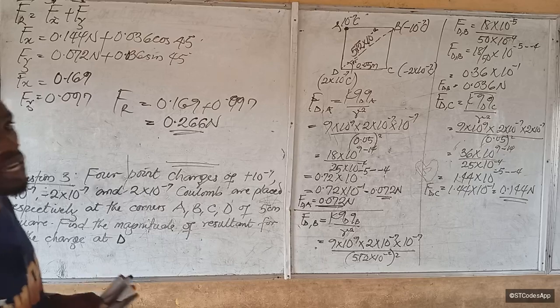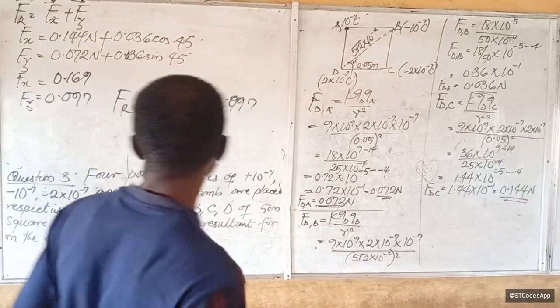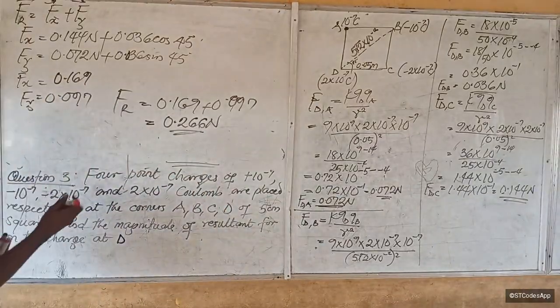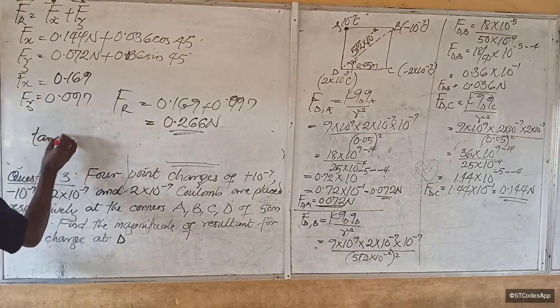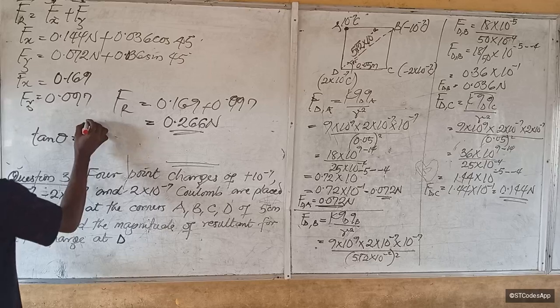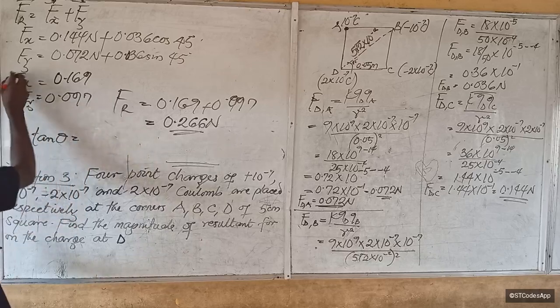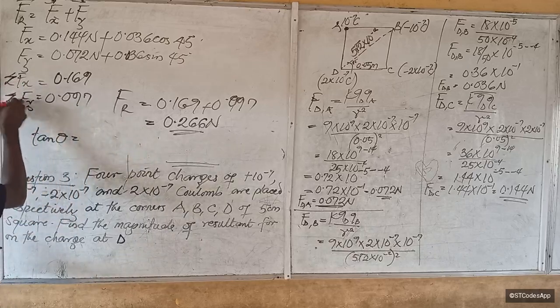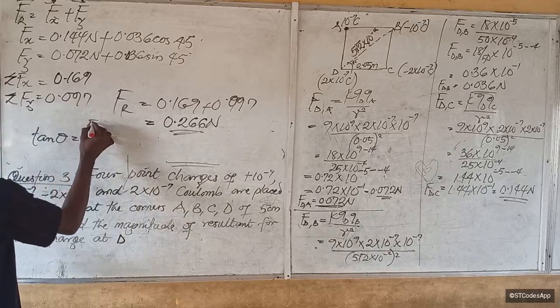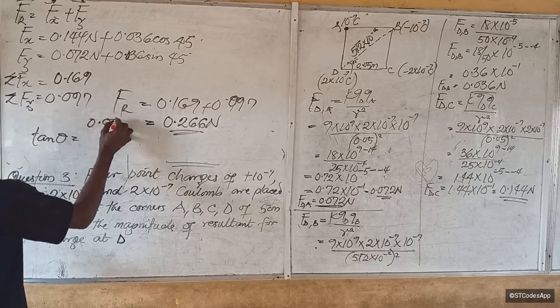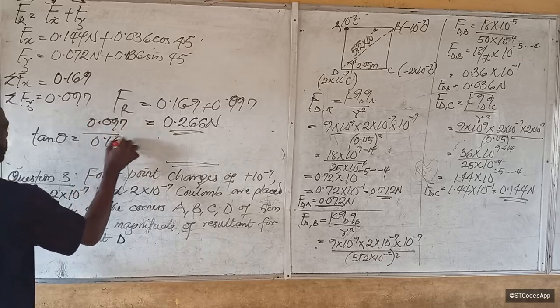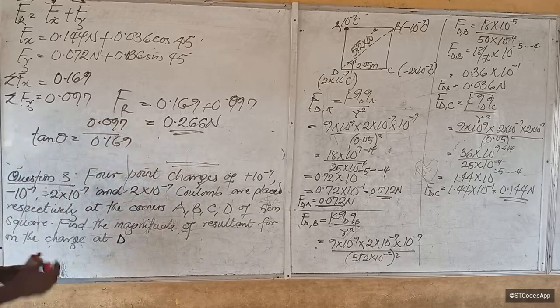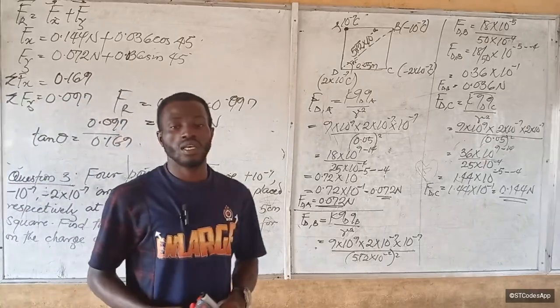And that is the final answer. If you are told to find the angle between them, you take tan theta is equal to summation F sub y over summation F sub x. That will be 0.097 over 0.169. Then you take the tan inverse and you get your answer.